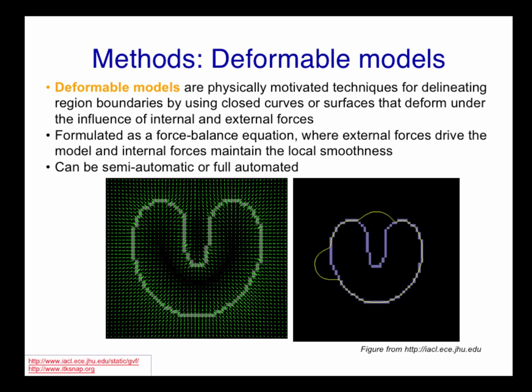If you've ever played around with a rubber band and you try to make a sharp corner, it's very difficult. That's the same property that we're imposing on these deformable models. As you can imagine, this can be semi-automatic or fully automatic, where you draw a contour that's close to the region and then you let it evolve.